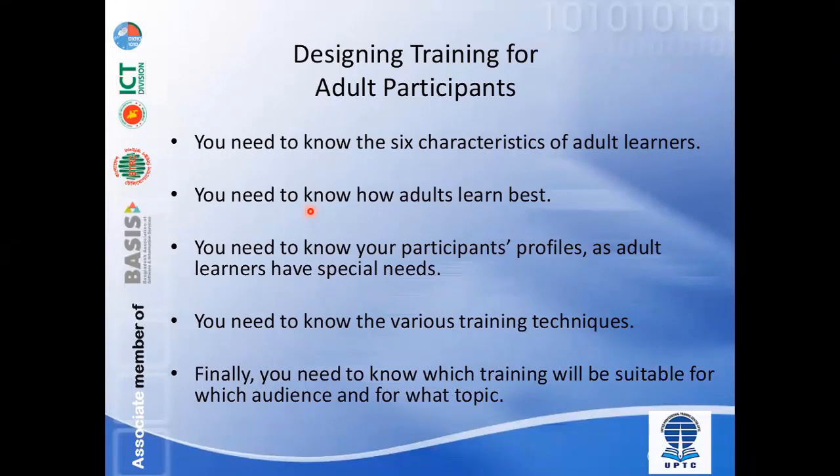Finally, you need to know which training will be suitable for which adult or which topics. Since we are dealing with an institute, university, or college, or we are teaching undergraduate students, who are adults, we need to design our course curriculum, we need to design our presentation, and we need to appear in a professional way, focusing on these things.